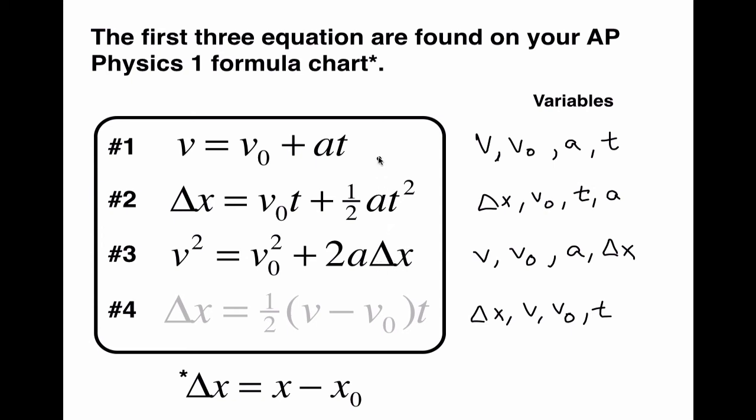Okay, so you can solve any one-dimensional motion problems using equations number 1 and 2. Number 3 is very useful and is provided for us. And number 4, the reason I put it in gray is because it's not given to us.